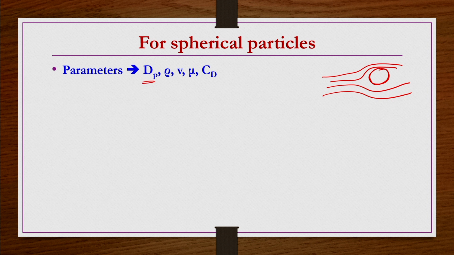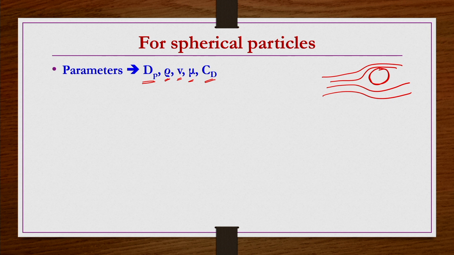One is the diameter of the particle, then the density and viscosity of the fluid, then the velocity of the fluid approaching the sphere, and then the force exerted by the fluid on the solid surface of the sphere in the flow direction, that is the drag force. Its non-dimensionalized quantity is the drag coefficient. Fd is the drag force, the dimensional quantity, and Cd is the dimensionless quantity, the drag coefficient. So, these are the parameters involved.